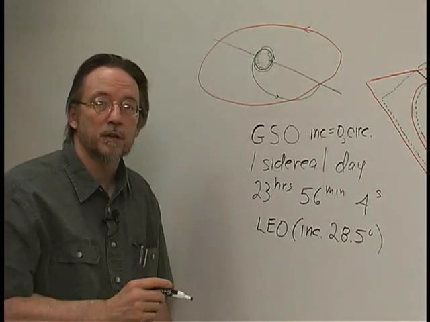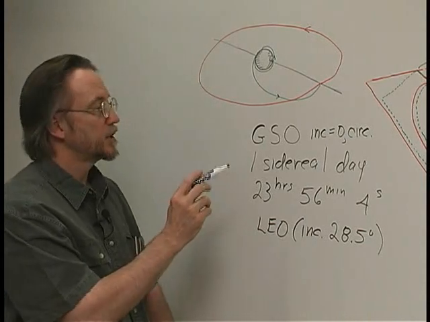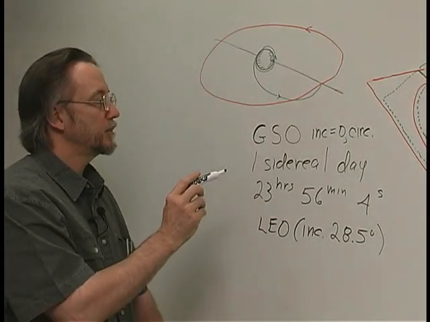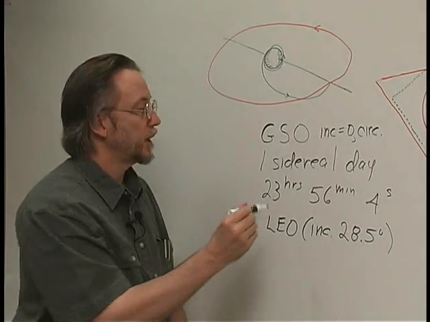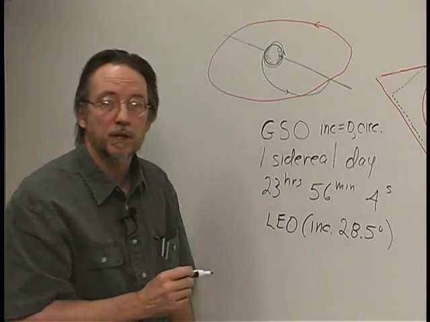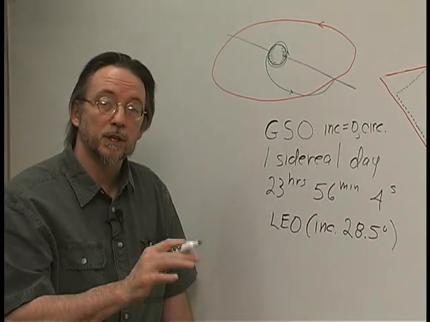This is different from a geosynchronous orbit, because a geosynchronous orbit means you have this period of one sidereal day, but you can have non-zero eccentricity and non-zero inclination.